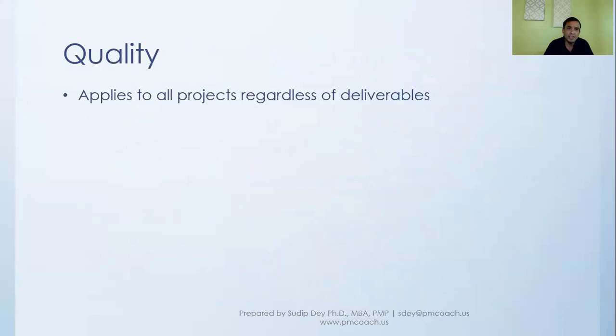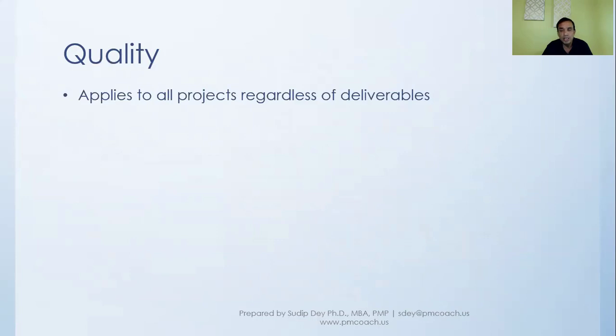Now, quality applies to all projects, regardless of deliverables. In other words, we might have different kinds of projects with different deliverables. And we cannot have an excuse saying that, hey, we don't really want to worry about quality, because quality is applicable to all kinds of projects.